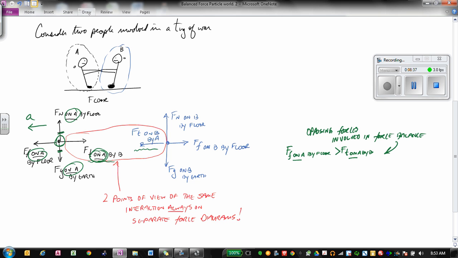These are different points of view of the same interaction, the tension interaction that is between objects A and B. And that is from our definition of force. There will always be those 2 points of view, and we consider them in the context of the relevant system. This would be the one that's relevant for A. This would be the one that's relevant for B when we try to explain the motion of object A or object B.